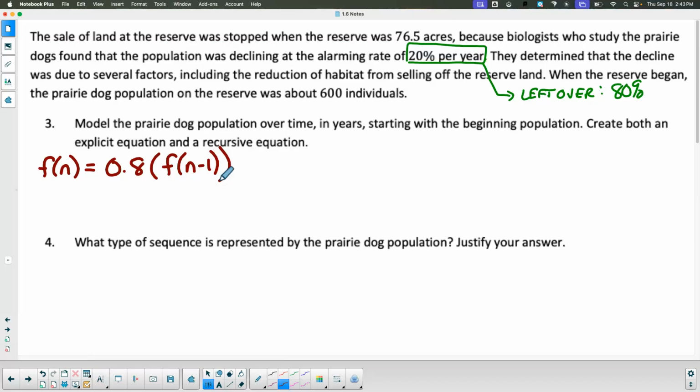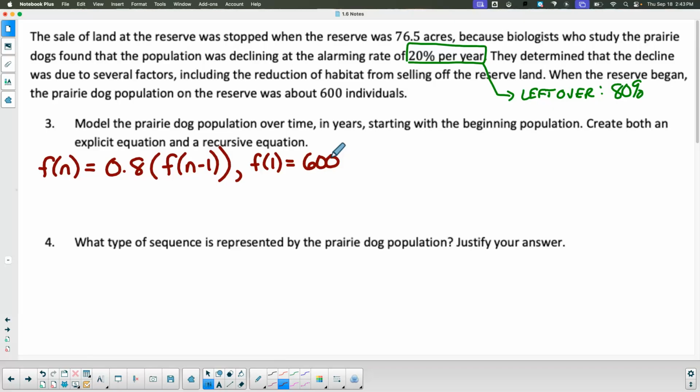Yes. Okay, what's my next thing I gotta say? f of 1 was 600. We're talking populations now. So f of 1 was 600.